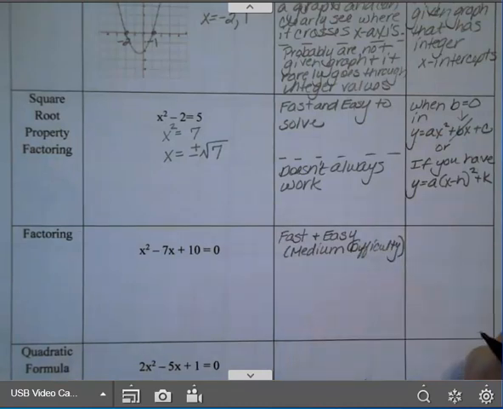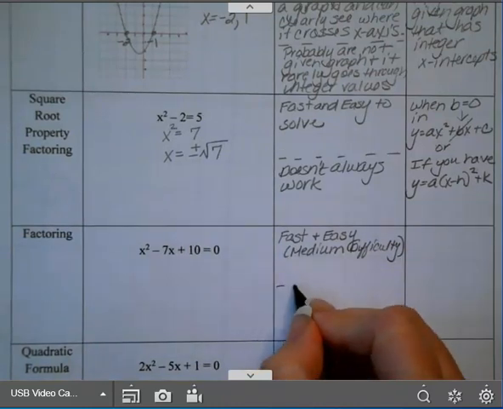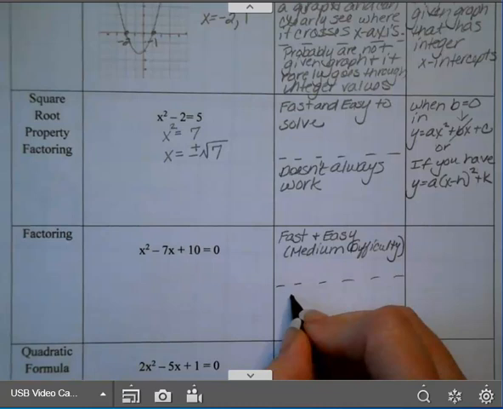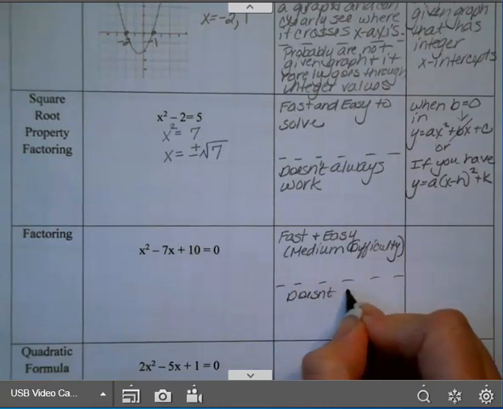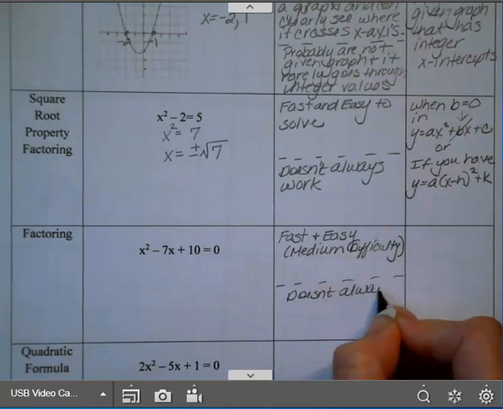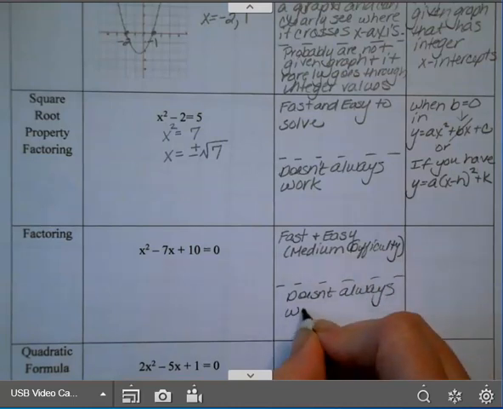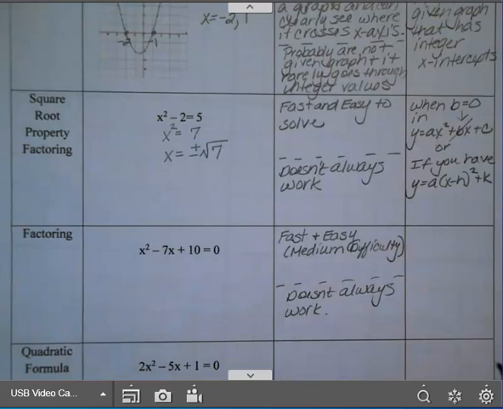If you know your multiplication tables, it's pretty fast and easy. This method, however, doesn't always work. That's not to say you don't get the correct answers. That's just you can't use this method all the time.